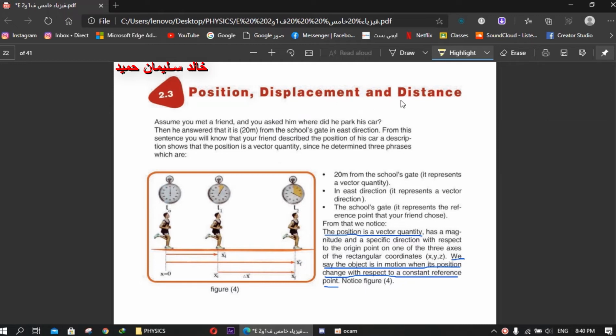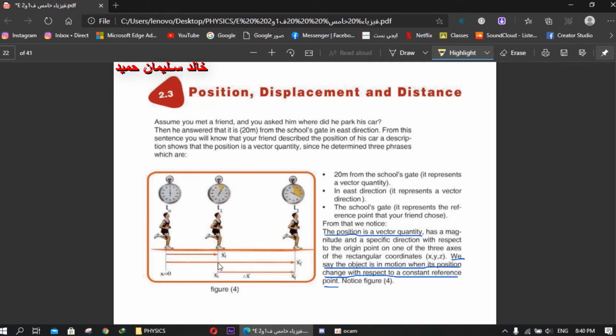Position, displacement and distance. The position is a vector quantity, not a scalar. Here we have this runner.